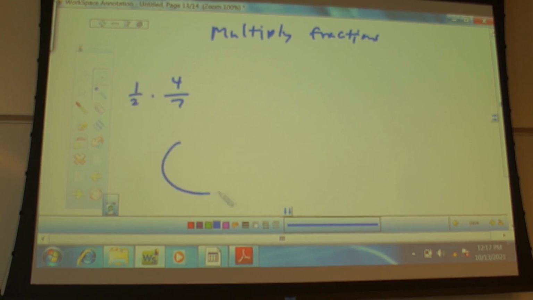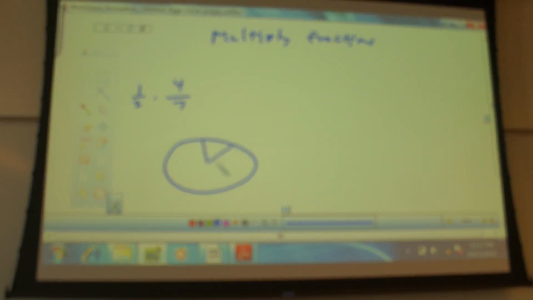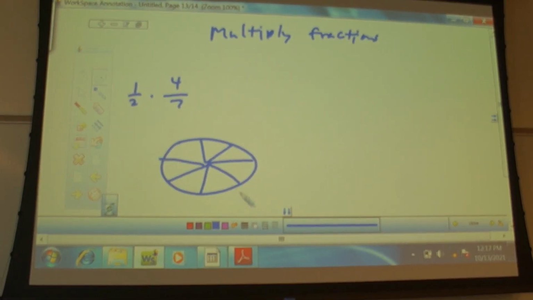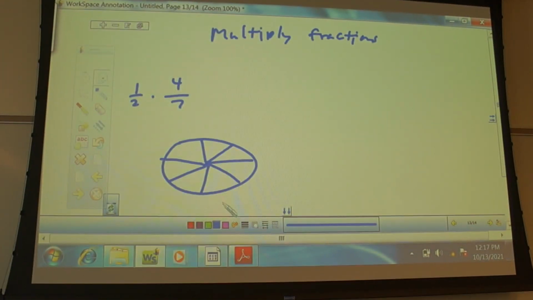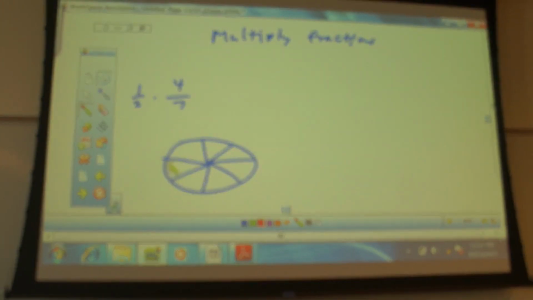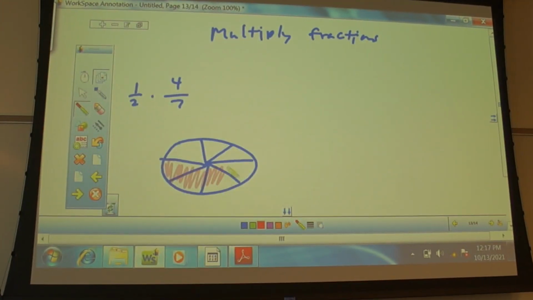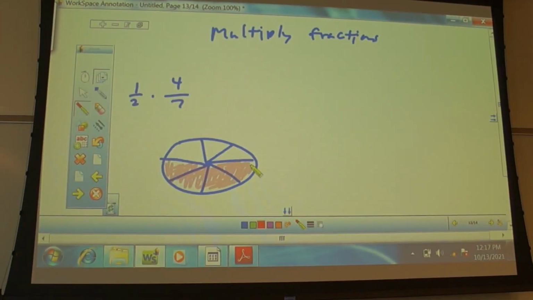So here are these, these are all sevenths. Is everyone okay with this part? Like, imagine a pizza that's split in 7 spots. Here's 4/7. 1, 2, 3, 4 of them. If I want half of that, how many is it?